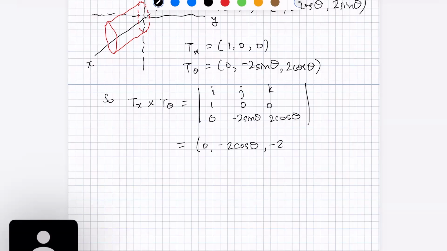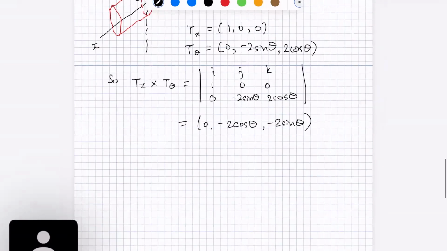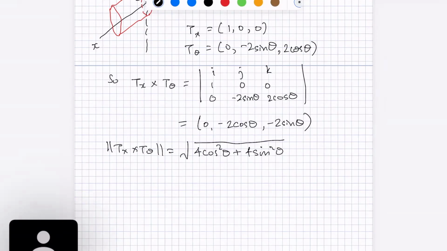And here I have a negative 2 sine theta. All right, so if I compute the norm of T_x cross T_theta, I get the square root of 4 cosine squared theta plus 4 sine squared theta, which becomes the square root of 4, which is a 2.